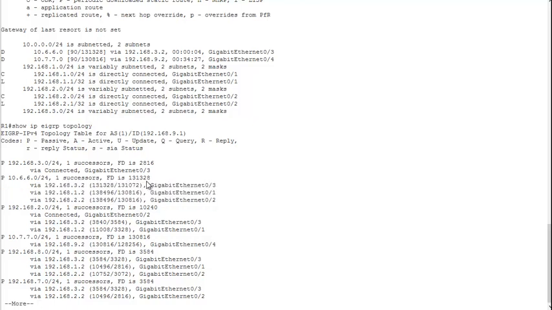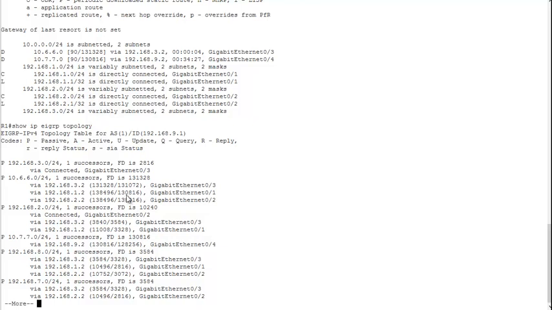Effectively, by changing the delay, what I've done is changed the metric for the first two good routes that we originally had. I've changed them to 138,496, which now makes them higher than the metric going through R4, 131,328. So now the feasible distance is 131,328.